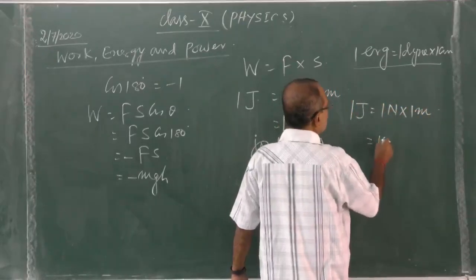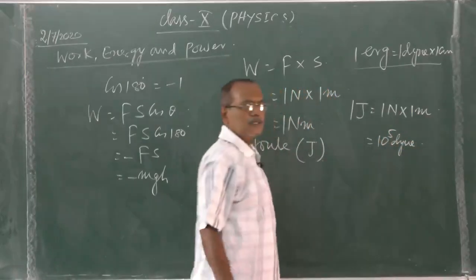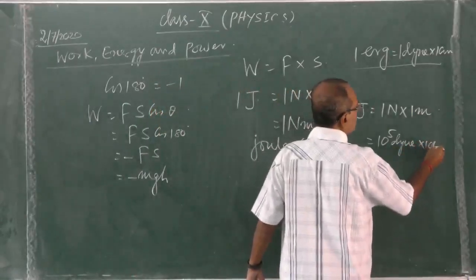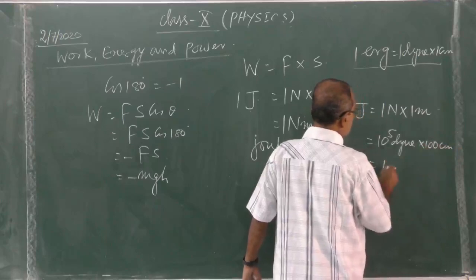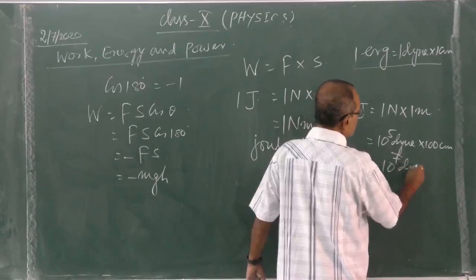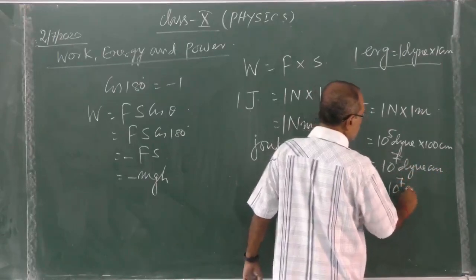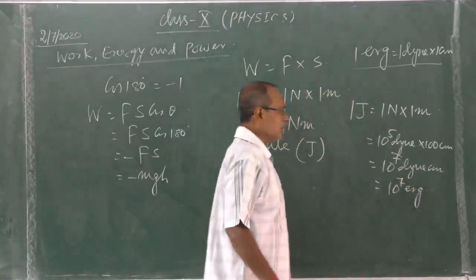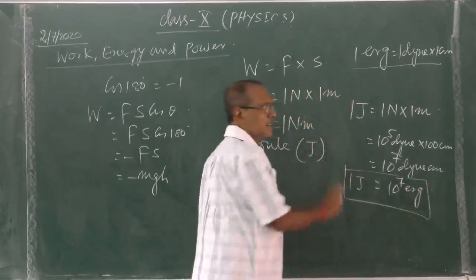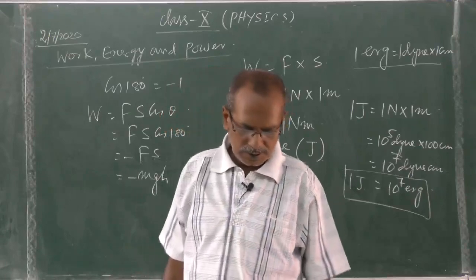So 1 Newton is equal to 10 to the power 5 dyne. Earlier we have done in force. Into 100 centimeter. That is equal to 10 to the power 7 dyne centimeter. That is equal to 10 to the power 7 erg. So 1 joule is equal to 10 to the power 7 erg.